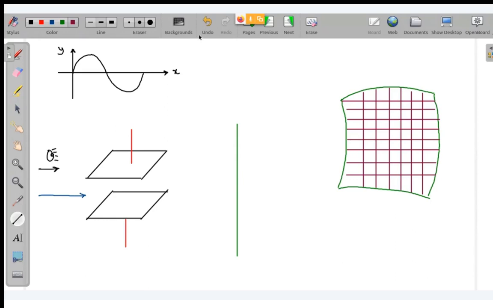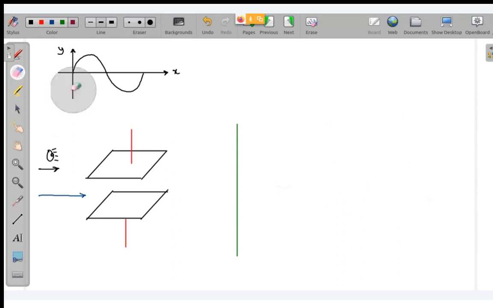Okay, fine. So now I will be erasing this part, and now I am drawing the screen in a simple way. So this is my screen.